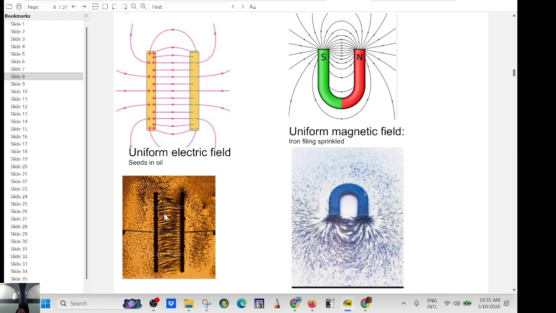You're going to have a plus and a minus, and it will rotate. Those little seeds will rotate until they are aligned with the electric field. Same thing here. Those little iron filings will rotate. So there will be a torque applied until they align themselves with the magnetic field. So it will turn them into a magnetic dipole with a north and a south.